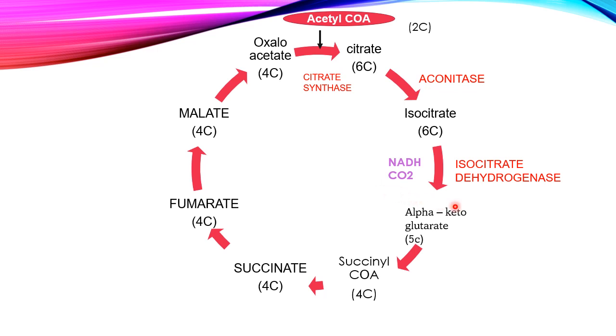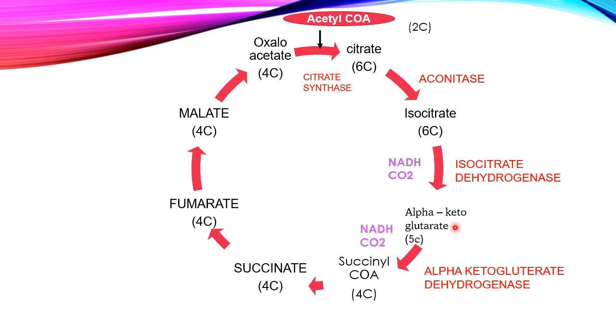Now when alpha ketoglutarate, a 5-carbon compound, is formed, it is converted into succinyl-CoA due to the action of the enzyme alpha ketoglutarate dehydrogenase. Here, oxidative decarboxylation is occurring, where again NADH is generated and carbon dioxide is released.